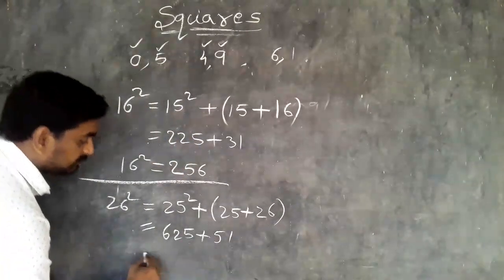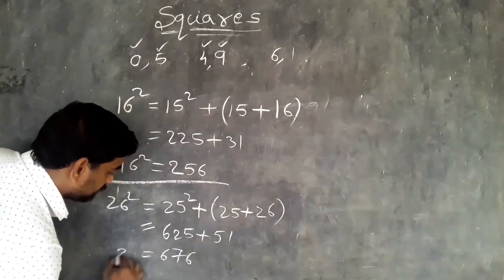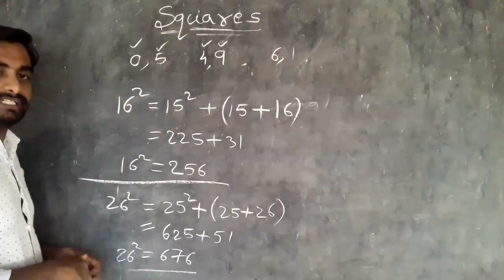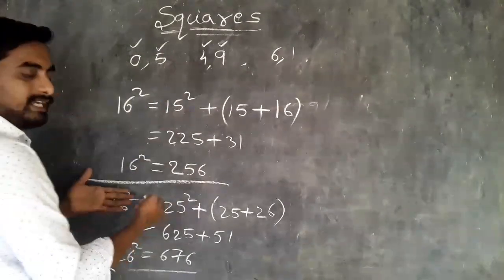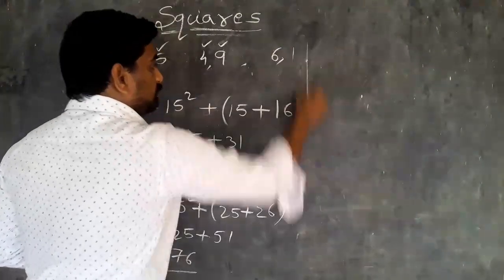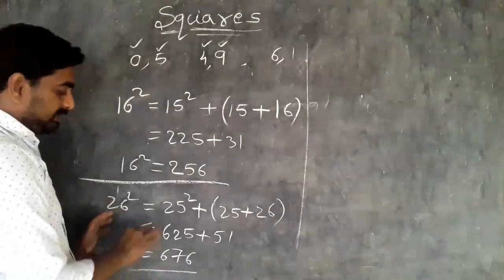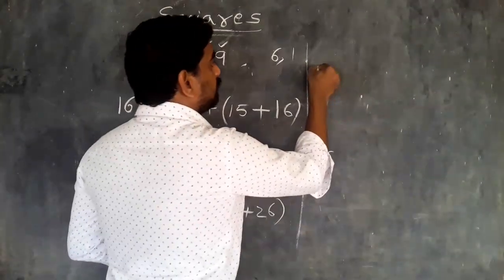So the final answer is 676, 26 square. We got it very easily, friends. If we practice well, we can do any square number in a fraction of seconds.